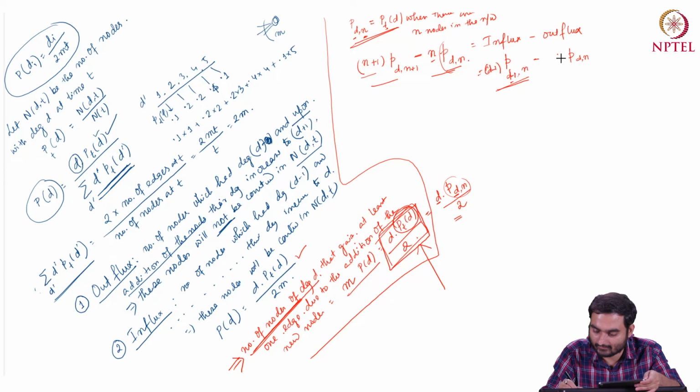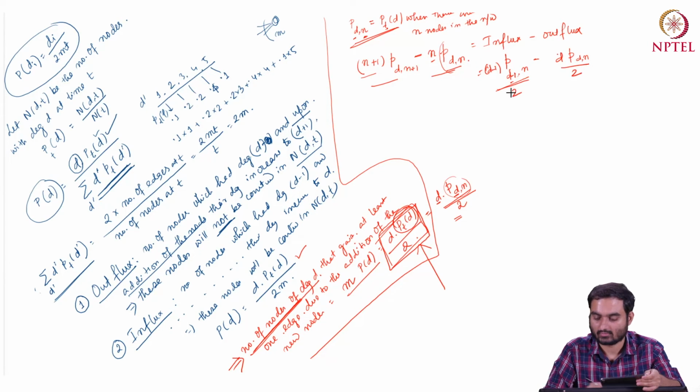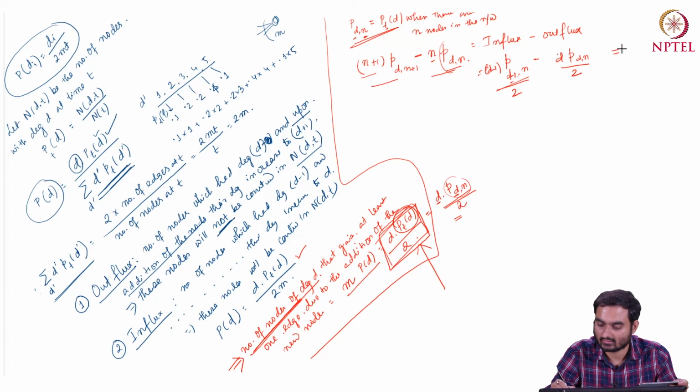So, the number of such nodes is this one, of course by 2. Now, if this is not understood, we basically try to write influx and outflux in two different ways, one based on this quantity, other based on this quantity.